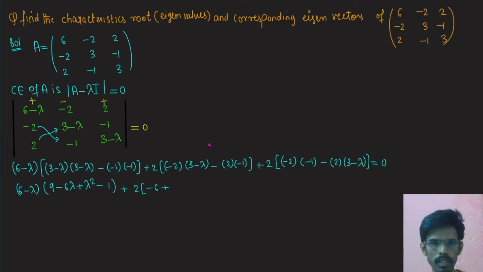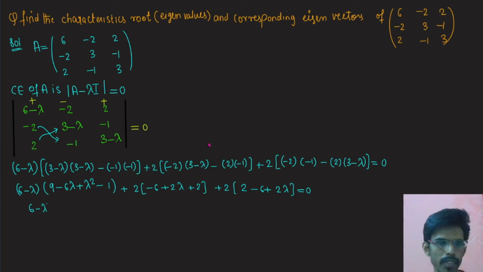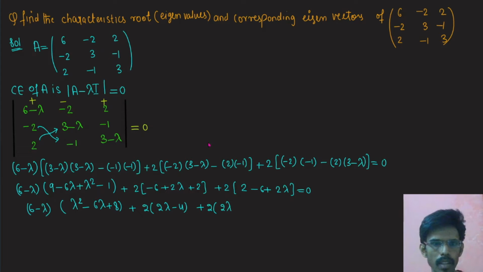Now 2 into minus 2 into lambda will be plus 2 lambda, plus 2 into 2 minus 6 plus 2 lambda equal to 0. Now this will become 6 minus lambda as it is, into lambda square first, next minus 6 lambda, then 9 minus 1 will be 8, plus 2 into 2 lambda, next we have minus 4 plus 2 into 2 lambda, next we have minus 4, equal to 0.